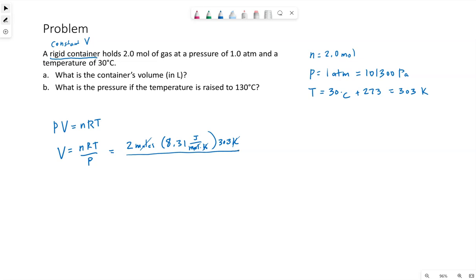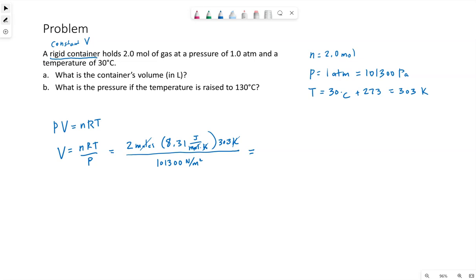We do want to put in the pascals pressure, the newtons per meter squared, because of the joule. The joule divided by newtons per meter squared is going to give us units of meters cubed.